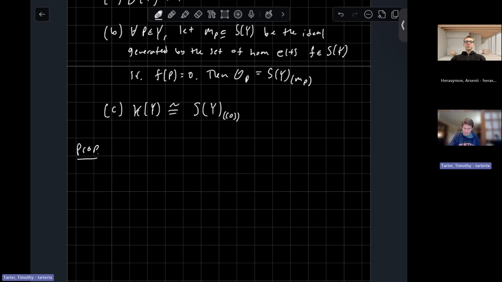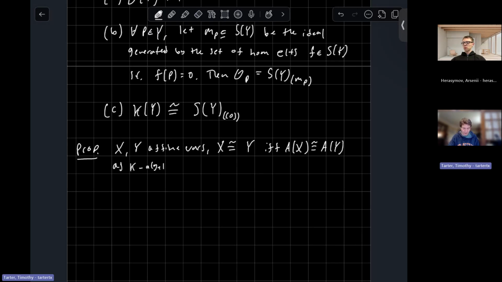So, proposition: if X and Y are affine varieties, X is isomorphic to Y as an affine variety if and only if A of X is isomorphic to A of Y as k-algebras.